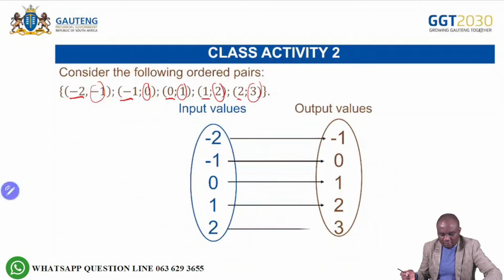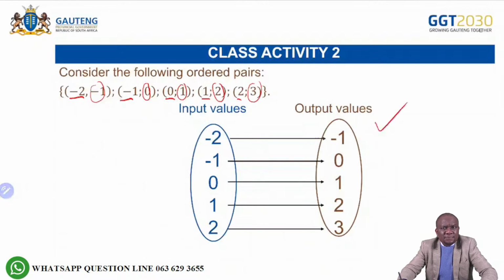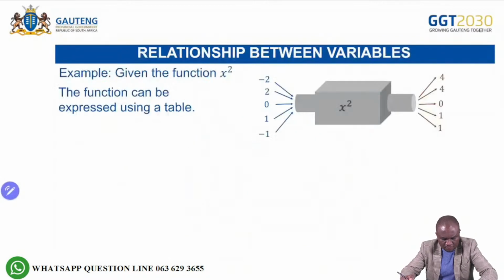And 2 will give us 3. Did you get it right? This is how you convert from ordered pairs to mapping diagrams. Remember, we said you want to convert interchangeably between these representations.